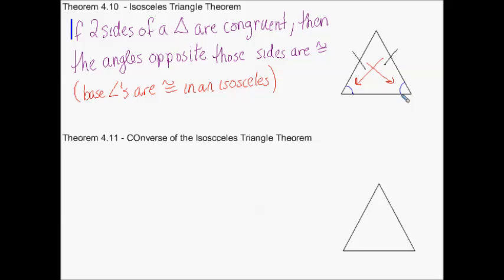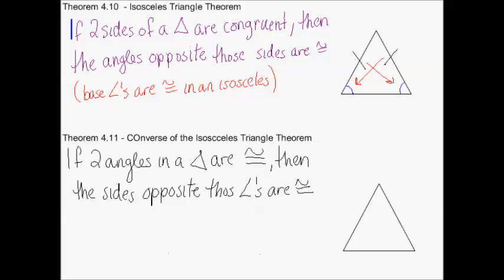Now the converse goes the other direction. The converse flips things around. It's if two angles in a triangle are congruent, so we start with the angles, then the sides opposite those angles are congruent.